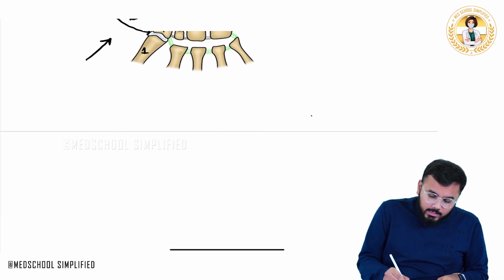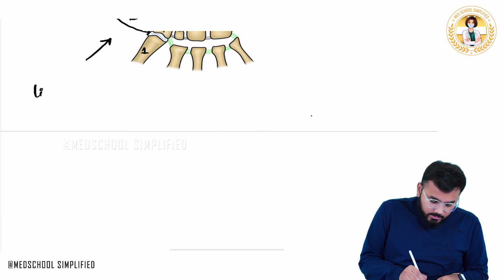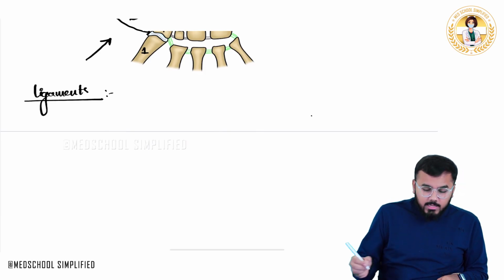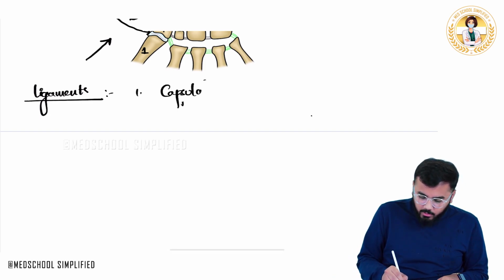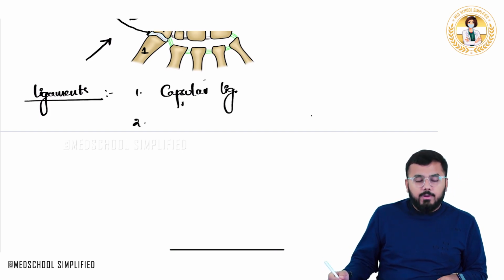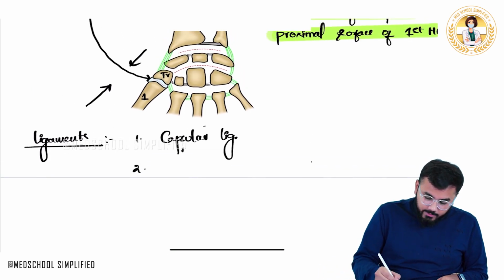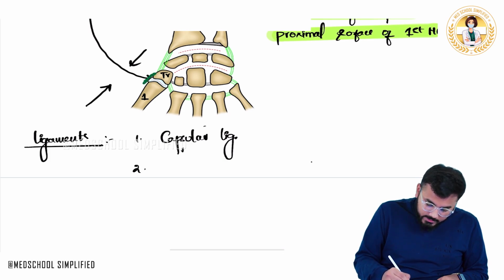So what are the ligaments here? The first important ligament which you can see is your capsular ligament. Obviously there will be capsular ligament everywhere. Second important ligament. What is the second important ligament? Look here very carefully. If you see a ligament all the way like this, right?